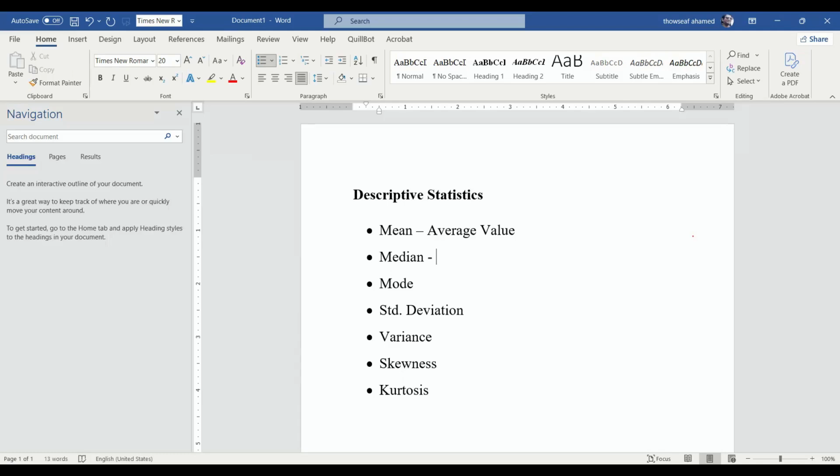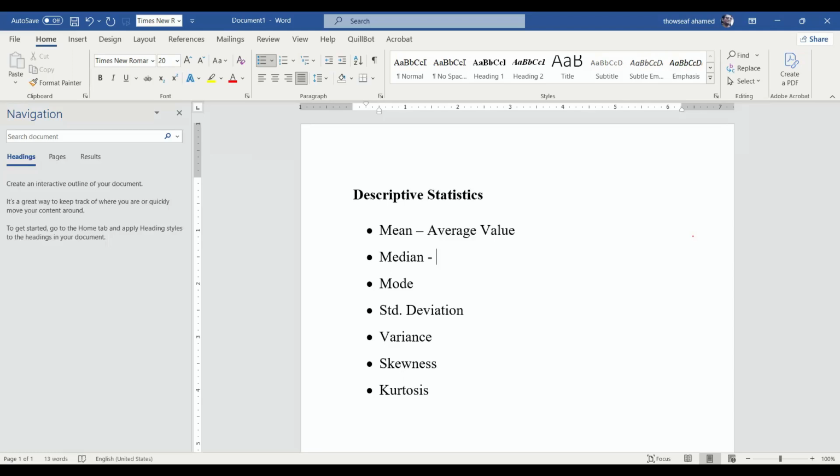So don't worry. I'll be using very simplistic software for data analysis, and I'll be using AI as well. AIs are now intelligent enough to interpret all statistical tables. So we will deal with one or two AI tools.